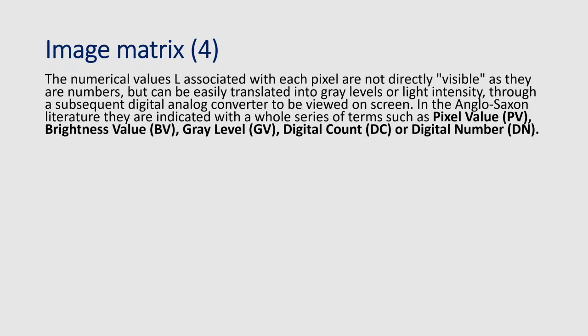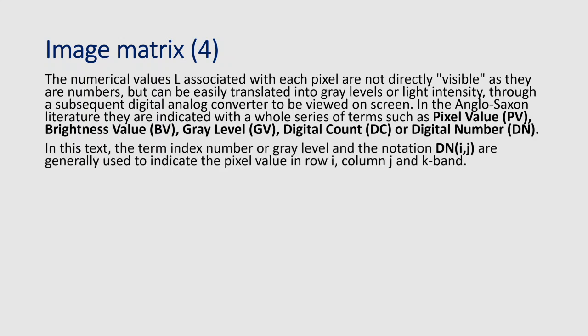In the Anglo-Saxon literature, they are indicated with a whole series of terms such as pixel value, PV, BV that stands for brightness value, GV that stands for gray level, DC that stands for digital count, and what we are using in this course, that is DN, that stands for digital number.